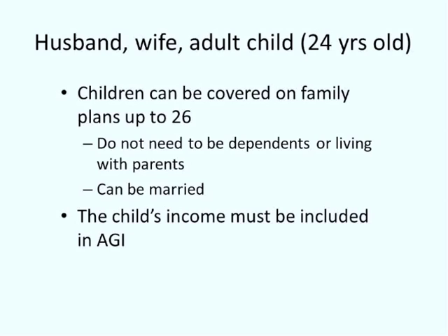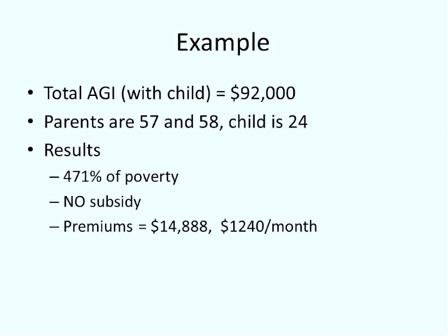They can even be married, but they can be covered under their parents' policy. Now, if it's a son, I don't know that his wife would be covered under the policy, but he can be covered under his parents' policy. But the child's income must be included in the adjusted gross income, so they will need to add that in when they apply for the insurance.